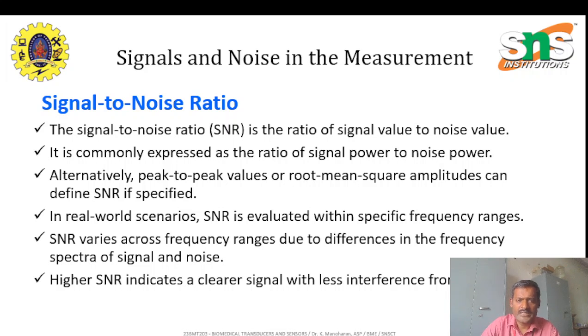Alternatively, we can take the peak to peak value or RMS value of the amplitude of the signal and also of the noise. In real time scenarios, SNR is evaluated in specific frequency ranges. SNR varies across frequency ranges due to differences in the frequency spectrum of signal and noises. A higher SNR indicates a clear signal, whereas a lower SNR indicates interference, that is, noise will be high.